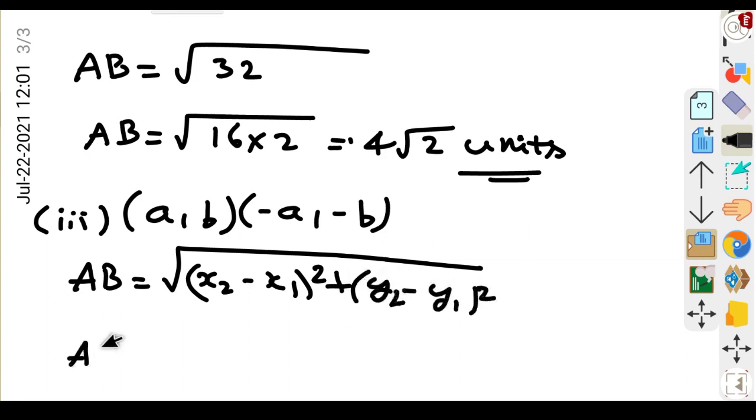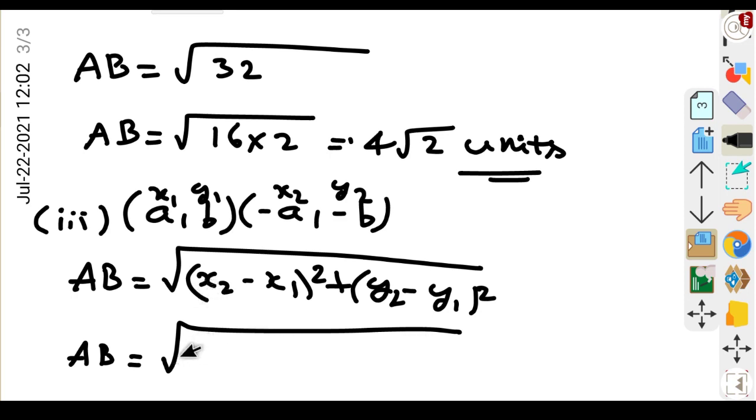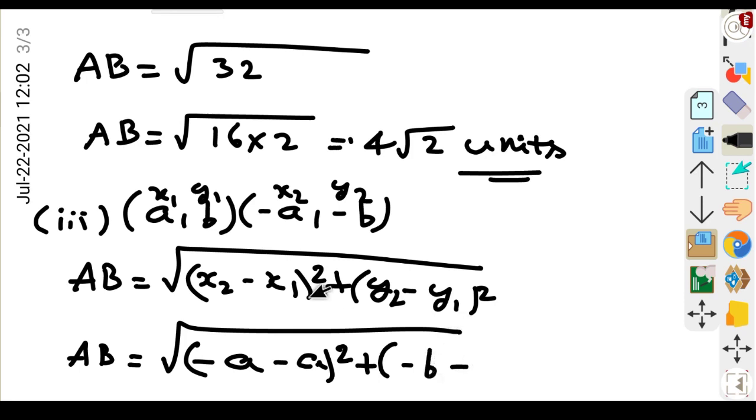So AB equals, call this point x1, y1 and this x2, y2, under root of x2 is minus a minus x1 is a whole square, plus y2 is minus b minus of b whole square.